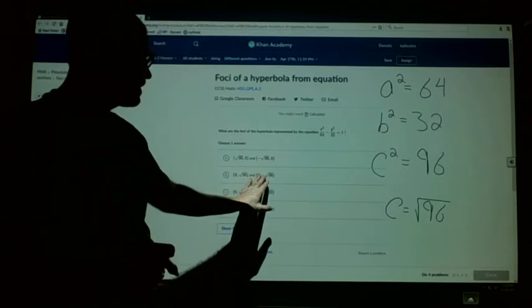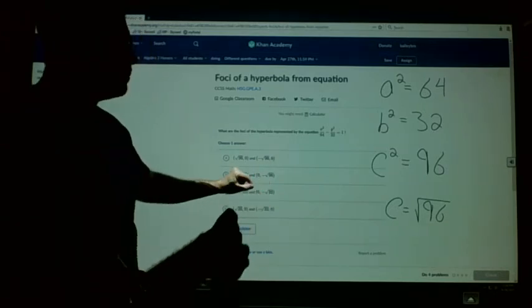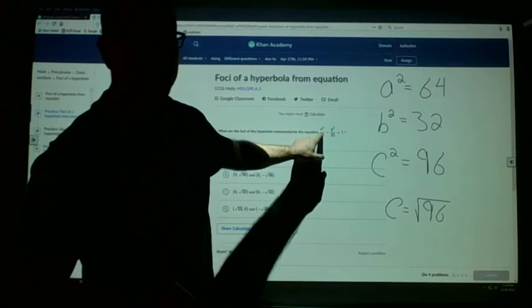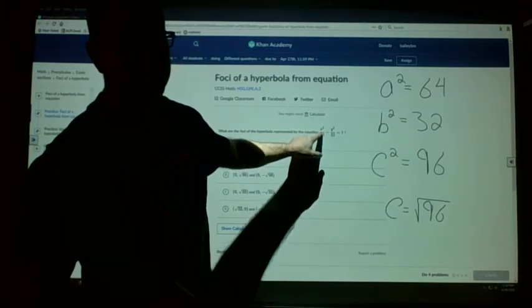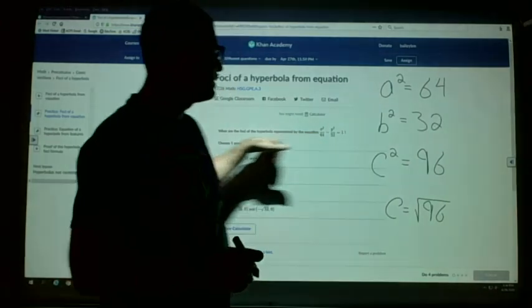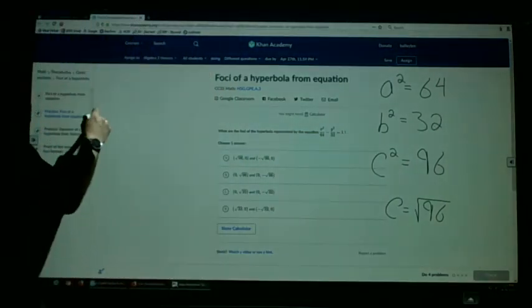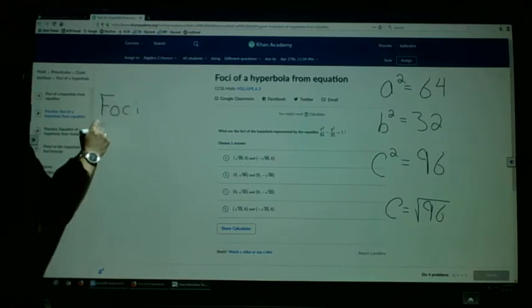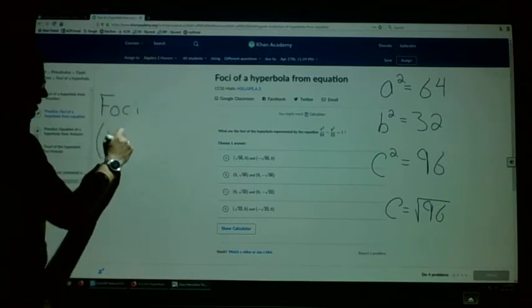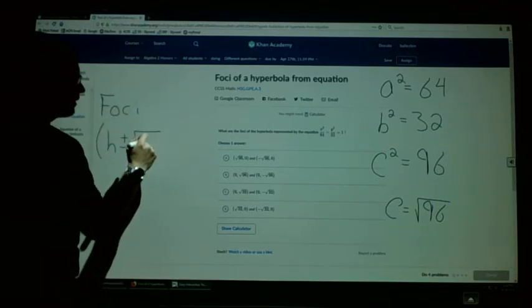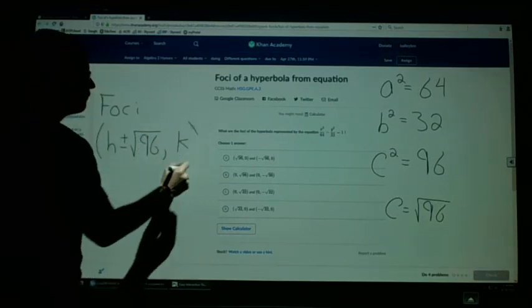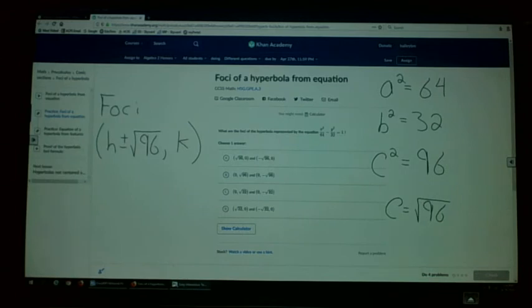So we're going to pay attention to the answer choices here. Because x squared is positive, I know that this hyperbola is oriented horizontal, so that I know my foci will be at h plus or minus the square root of 96 with the vertical part of the center left alone.